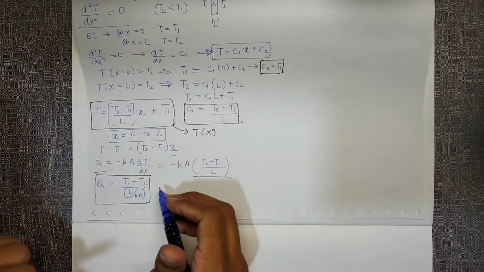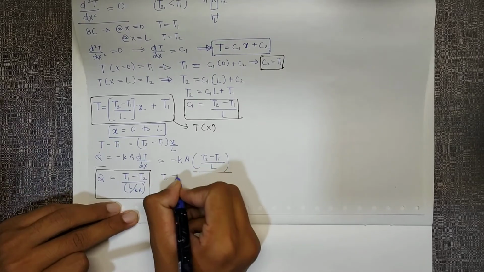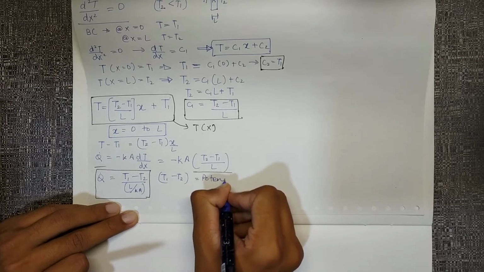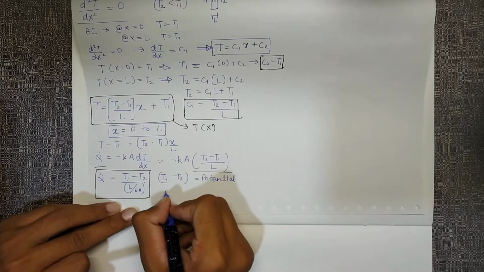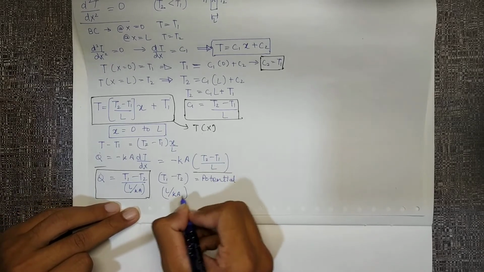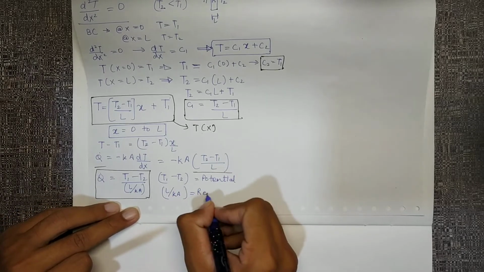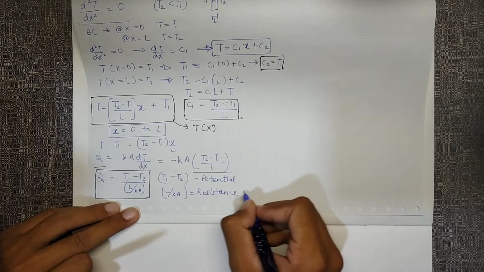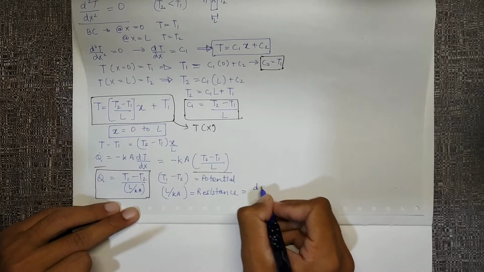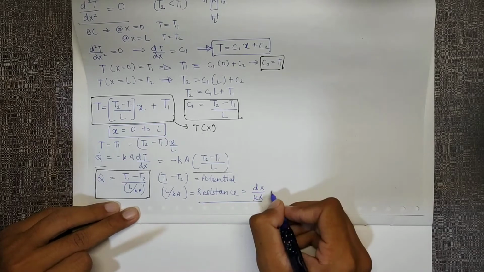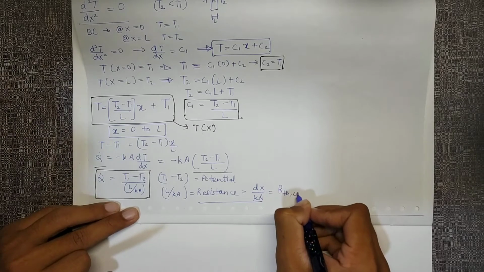So now I am taking T1 minus T2 as a potential difference, and L upon KA is my resistance. Or if I do not want to use L, I can write some length dx upon KA as my resistance, the thermal conduction resistance, RTH for conduction.